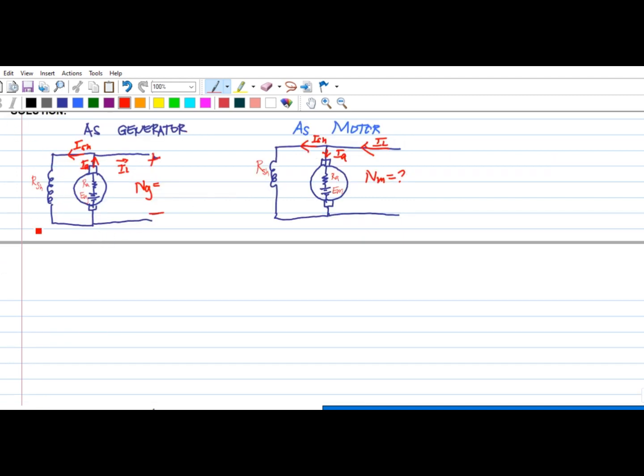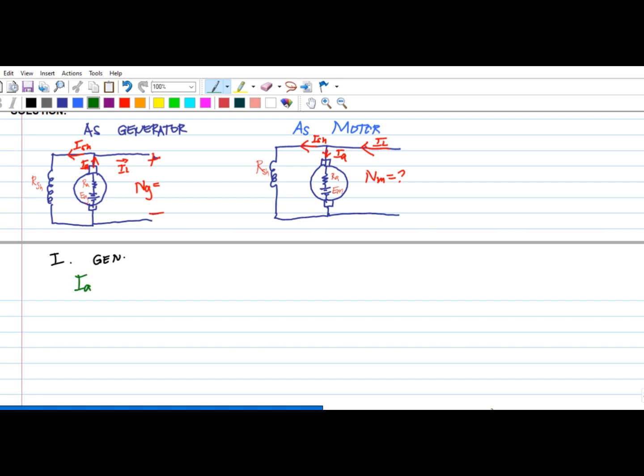So step 1. I_A is equal to I_SH plus I_L.